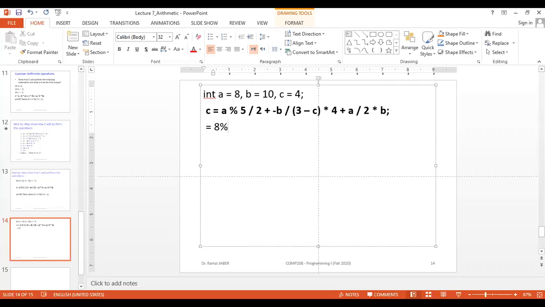8 modulus 5 over 2 plus minus b, which is minus 10, over parentheses 3 minus c, c is 4, times 4 plus a, 8 division by 2 times b, which is 10.